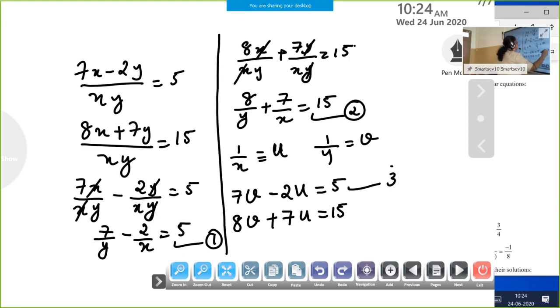This is equation number 3 and equation number 4. Then find the value of u and v, and substitute the values into 1 by x is equal to u and 1 by y is equal to v.